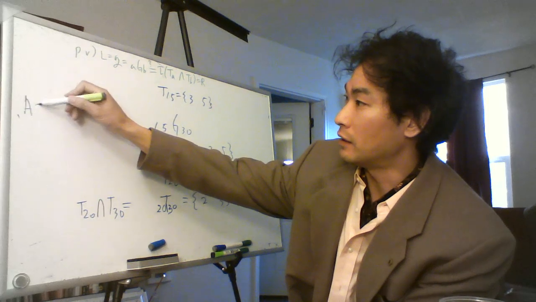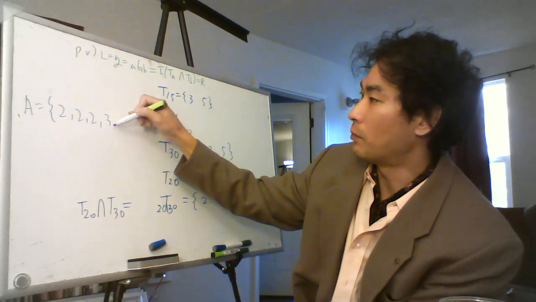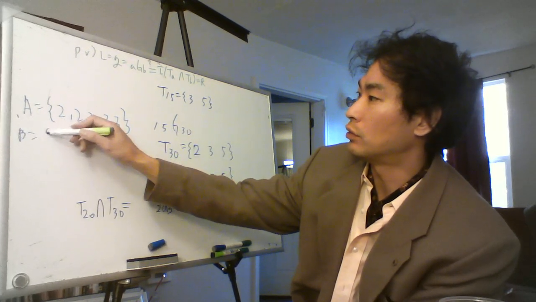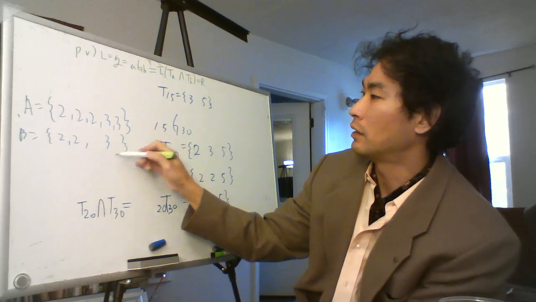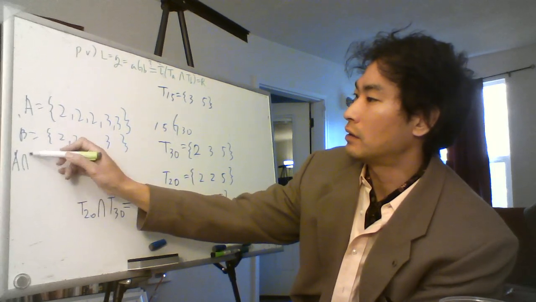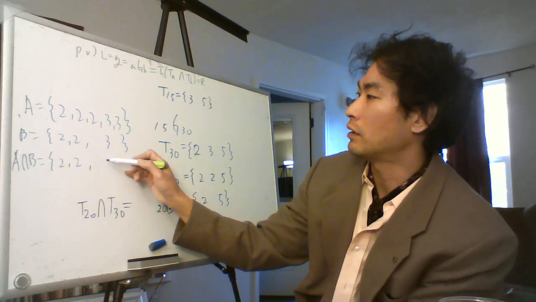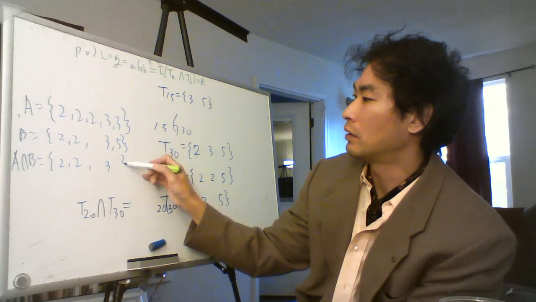Let's say A is equal to 2 comma 2 comma 2 comma 3 comma 3, right? And B is equal to 2 comma 2 comma 3, right? And A intersection B is 2 comma 2 comma 3. Let's say there's 5 here, okay?